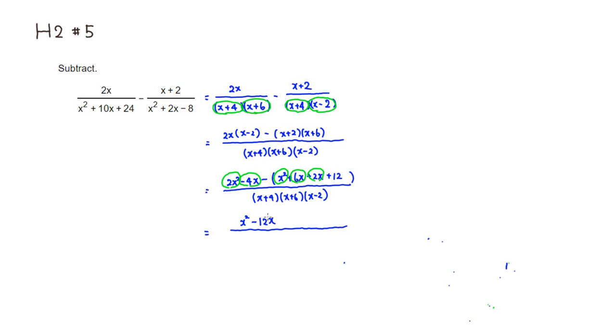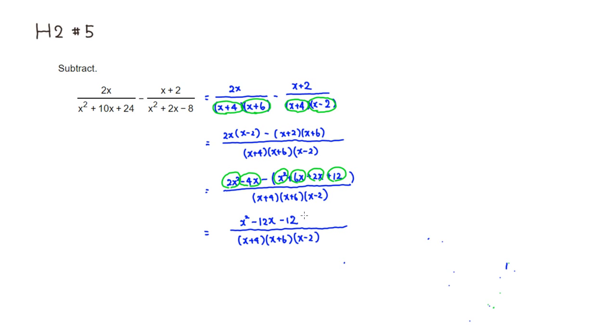The last one is the constant term, so you have a minus 12. Then the denominator stays the same: x plus 4 times x plus 6 times x minus 2.